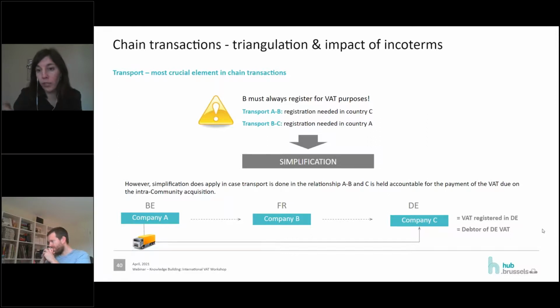The German company needs to be registered in Germany and will be liable for German VAT on the intracommunity acquisition. So this will simplify it and will avoid the French company having to be registered in the country of arrival of the goods.